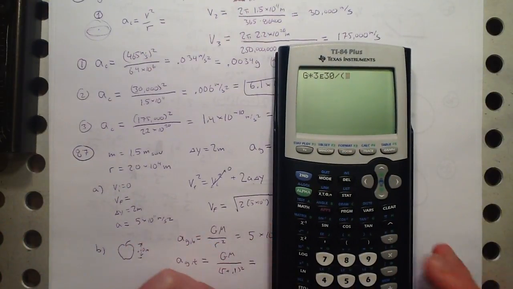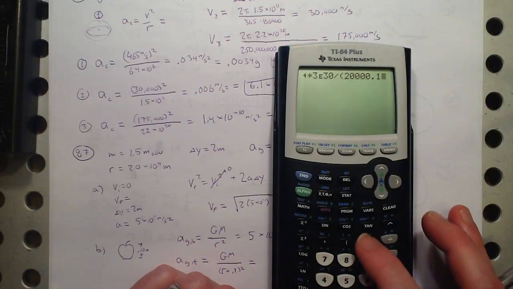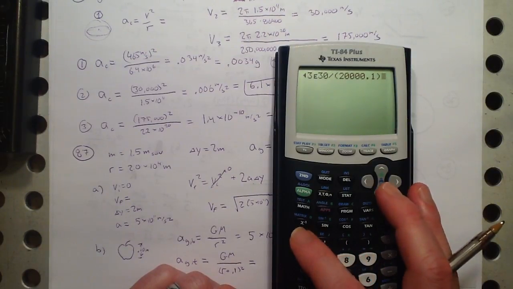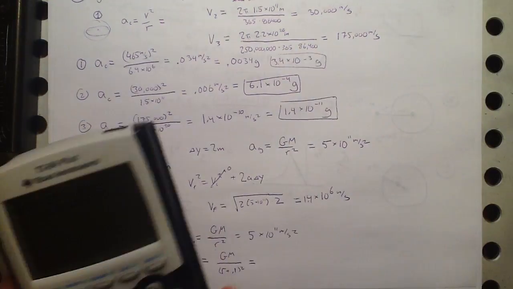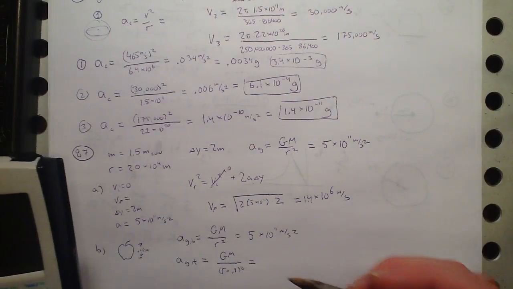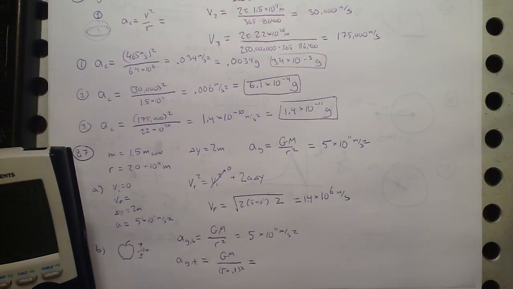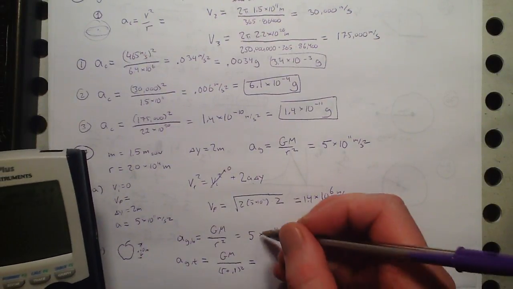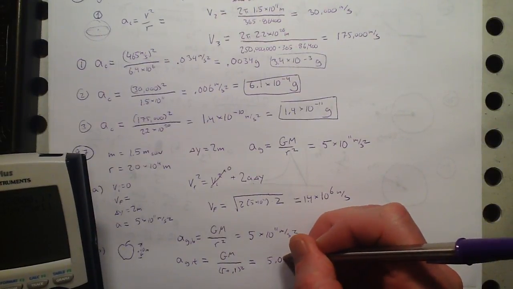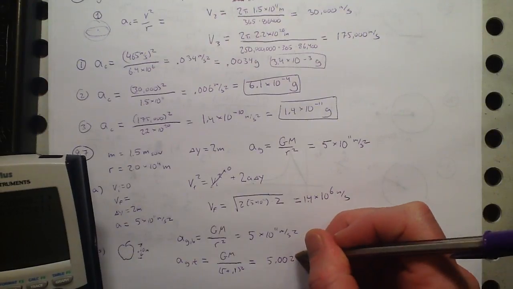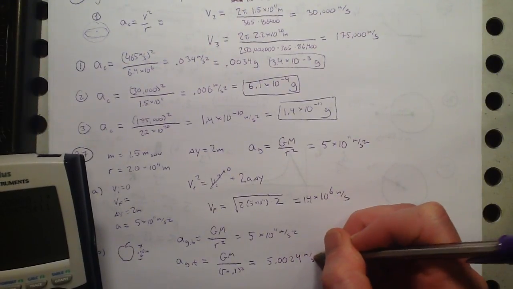So it's 20,000, so it's 20,000.1 squared. So that's, I think I needed to keep more decimal places, didn't I? I'll have to go back to this number again. So this is 5.0024 meters per second squared.